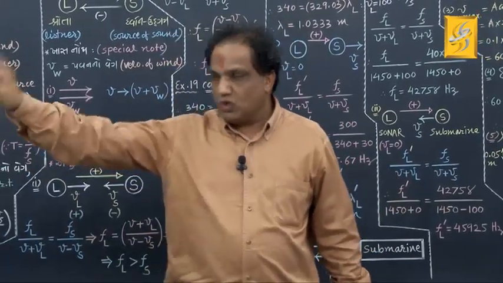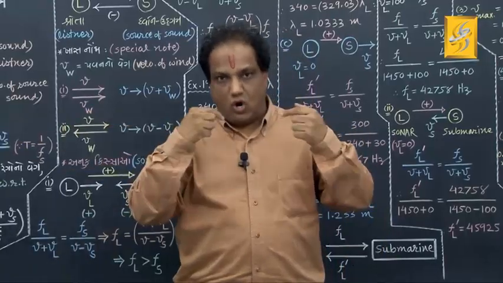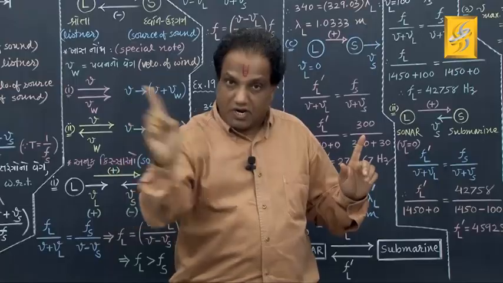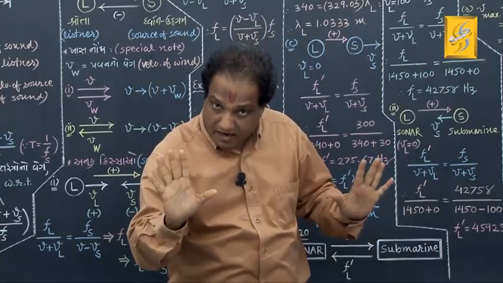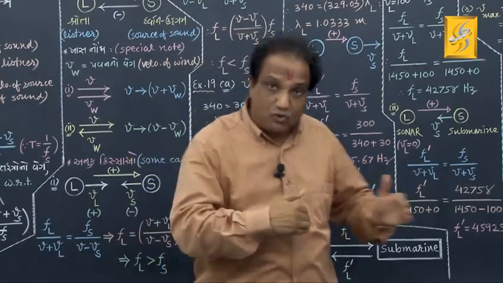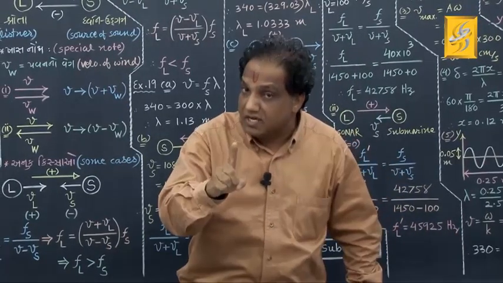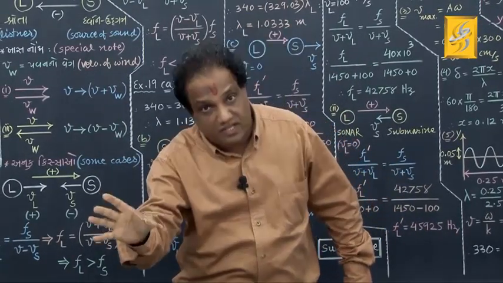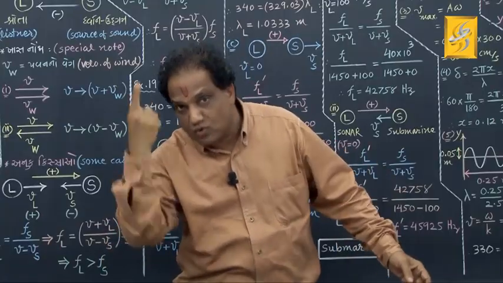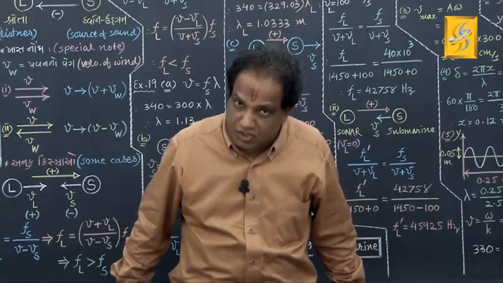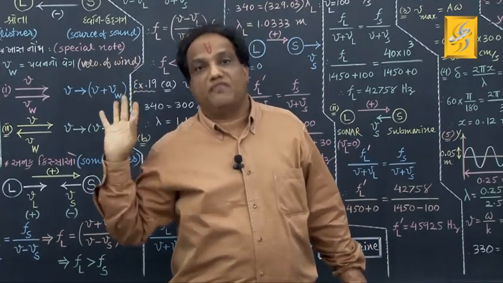When a source of sound or listener or both of them move relative to stationary air and relative to each other, the frequency of sound heard by the listener is somewhat different than the frequency of sound actually generated from the source. Full stop. This very statement is called Doppler's effect.